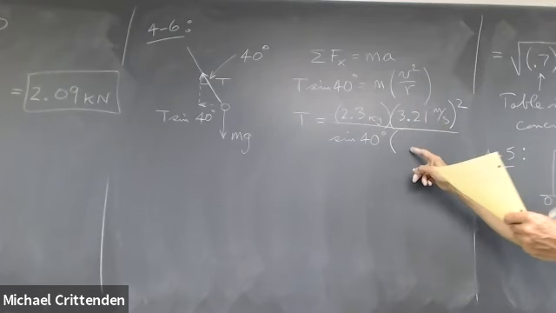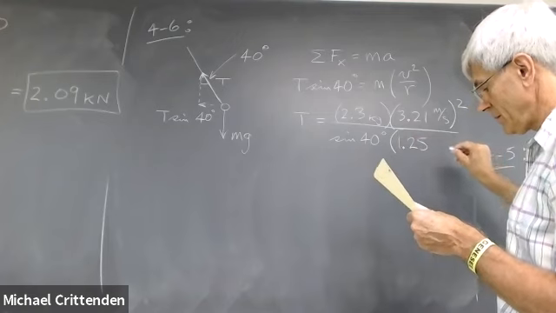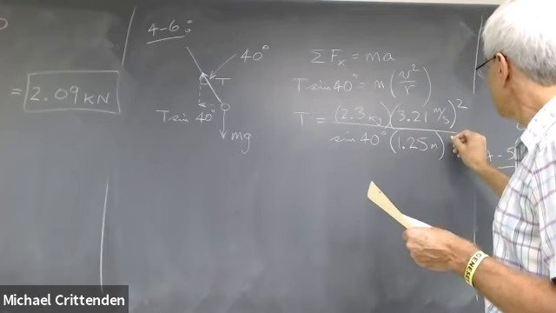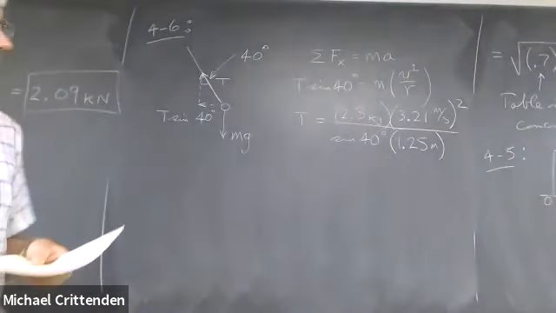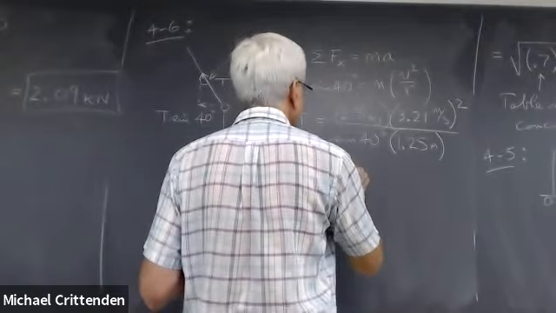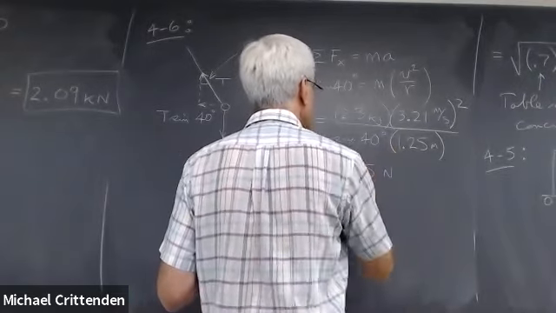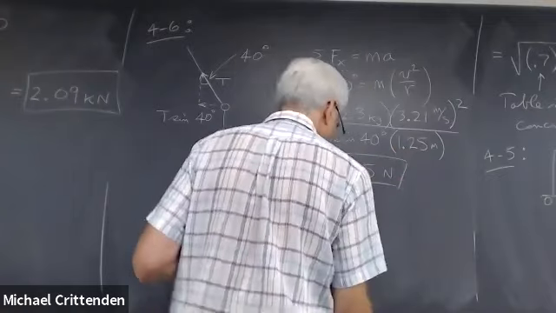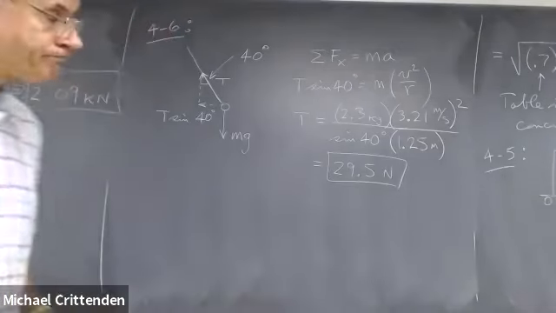Mass, V squared, 1.25 meters for the radius. Get your calculator, push some buttons. 29.5 newtons.